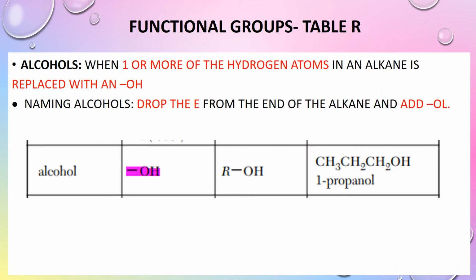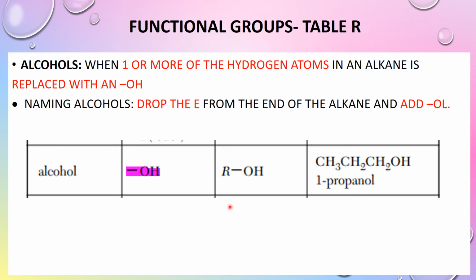Okay, looking at alcohols, this is when one or more of the hydrogen atoms in, again, an alkane is replaced with an OH. So we're going to take one of the hydrogens and knock it off. How do I know what an alcohol is named? Easy. You're going to drop the E from the end of the alkane, so whatever we called it, propane, butane, pentane, we're going to knock the E off the ending of it, and change the ending to OL.